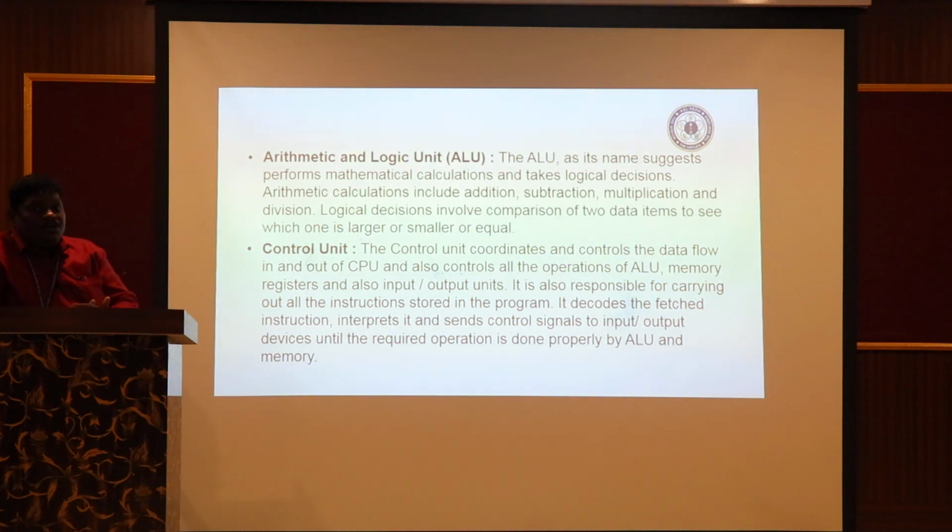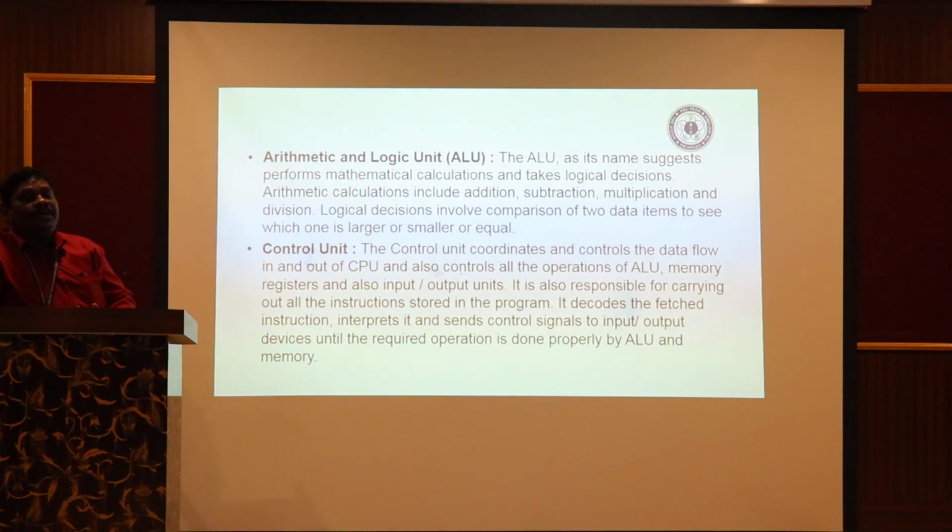Next, the control unit. The control unit is used to control the entire system. It is the brain of the computer. It controls and coordinates the entire system. For example, suppose you want the ALU to perform an addition operation, it needs some input from the input devices.